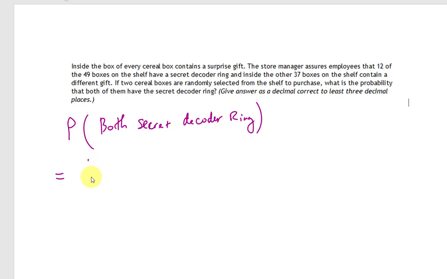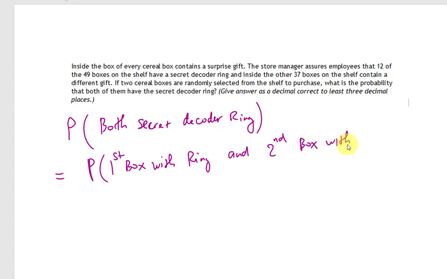So that means you want the first box with the decoder ring, and also you want the second box that the person buys to also have the decoder ring. So you want this condition, right? Because you want all of them to contain the secret decoder ring.